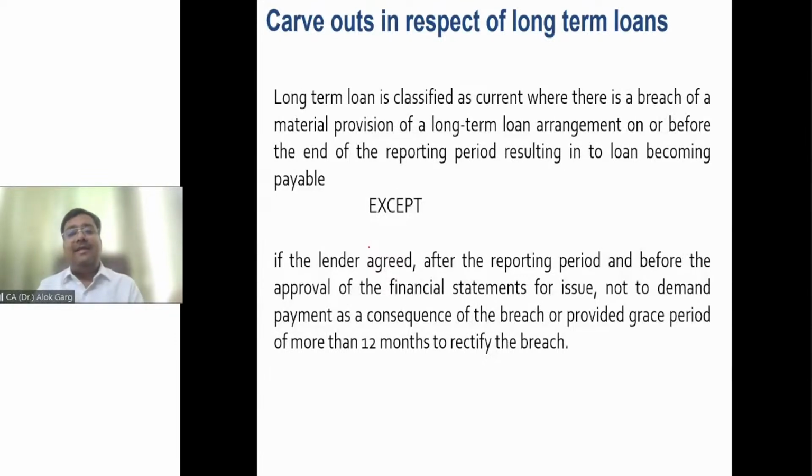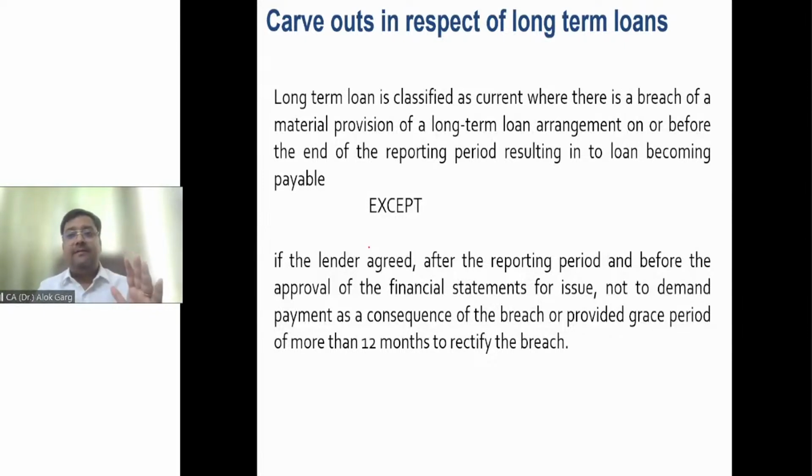But in IFRS, it says that even though the company has corrected the default and the bank is not asking for payment within the next 1 year even, still that liability has to be shown as a current liability with an appropriate disclosure in the notes to accounts.